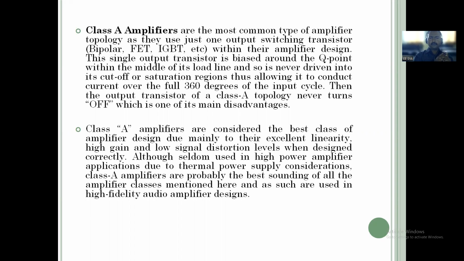Another thing, class A amplifiers are probably the best sounding of all amplifier classes, right? Anything in nature has some advantages as well as disadvantages, and we have to select according to need. Yet although it has some disadvantages, the quality of sound from the class A amplifier is the best.